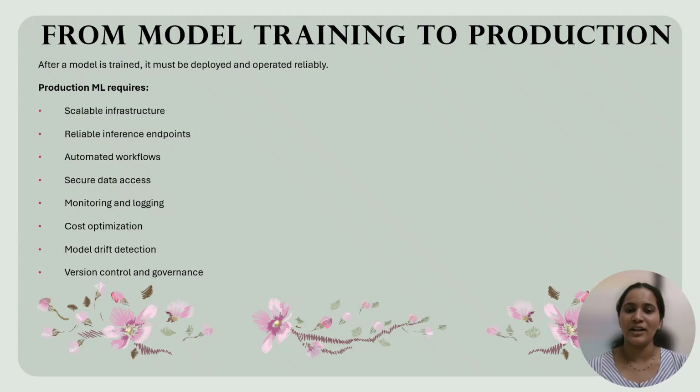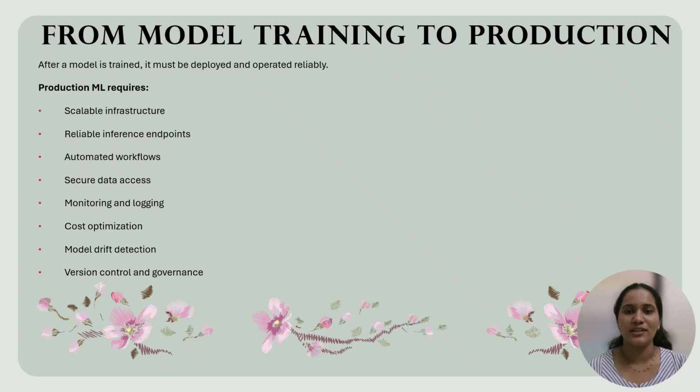After a machine learning model is trained, the next step is deploying it into a production environment where it can make predictions for real users. A production-ready ML system needs several important components. First, it requires scalable infrastructure so it can handle increasing workloads.